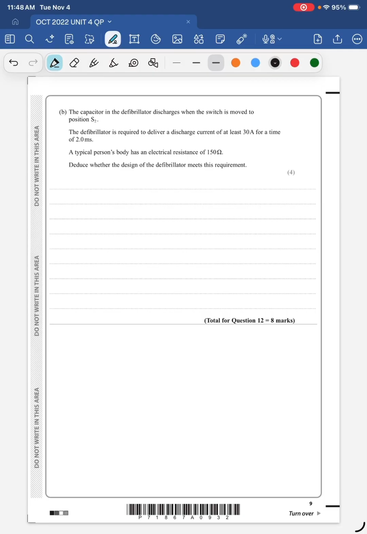Okay, so let's find the time constant. It's 150 ohms times the capacitance. So the time constant is 5.1 times 10 to the negative 3 seconds.